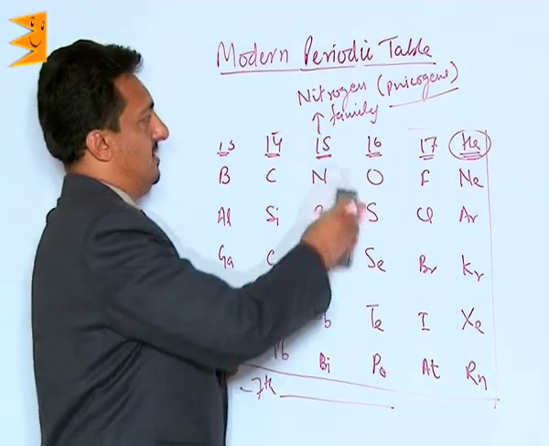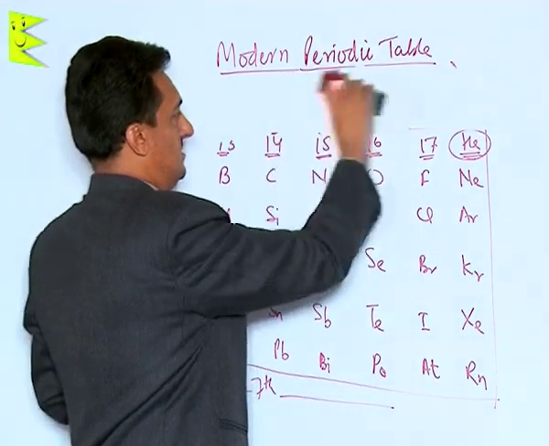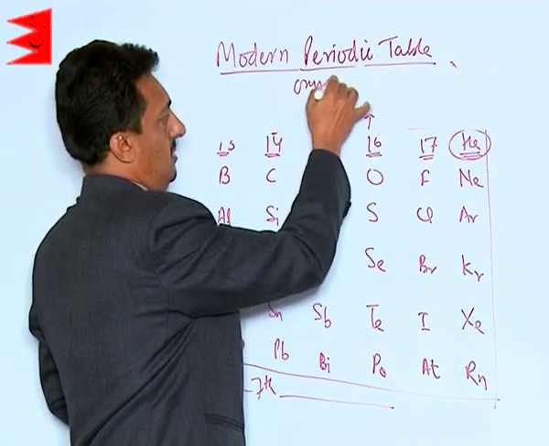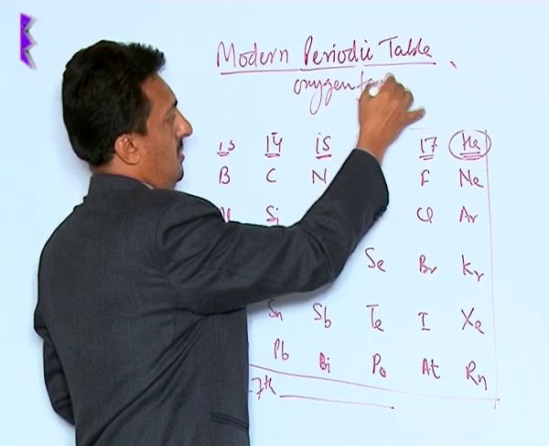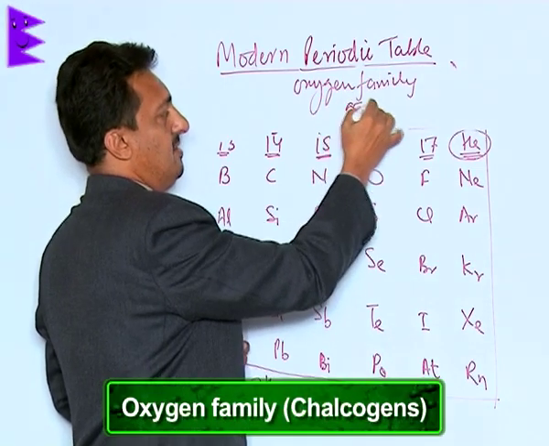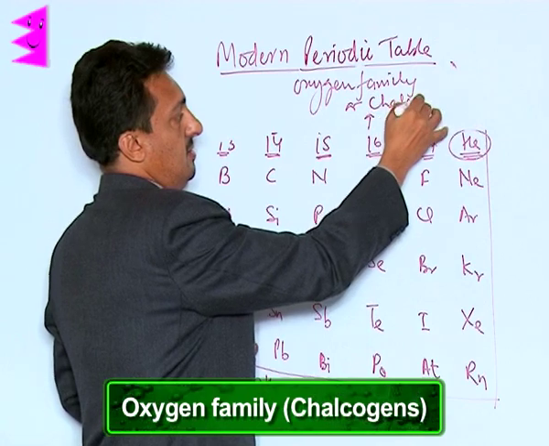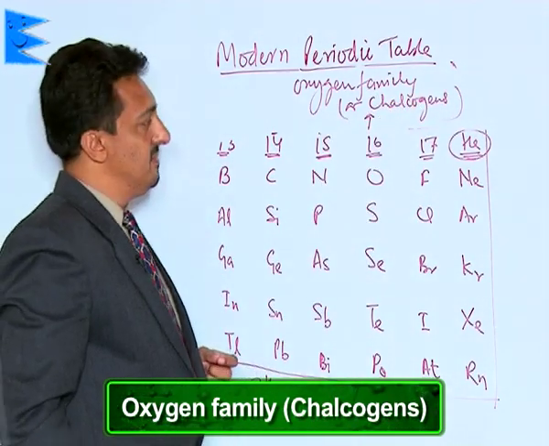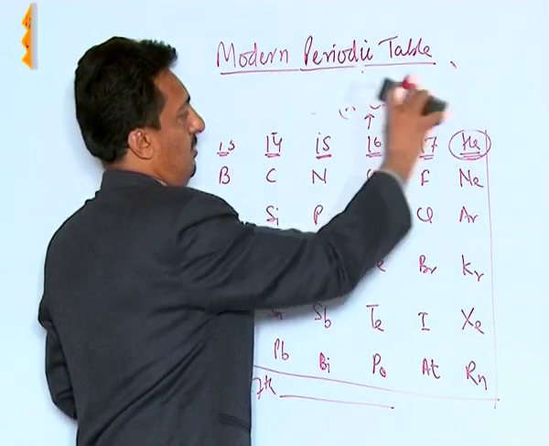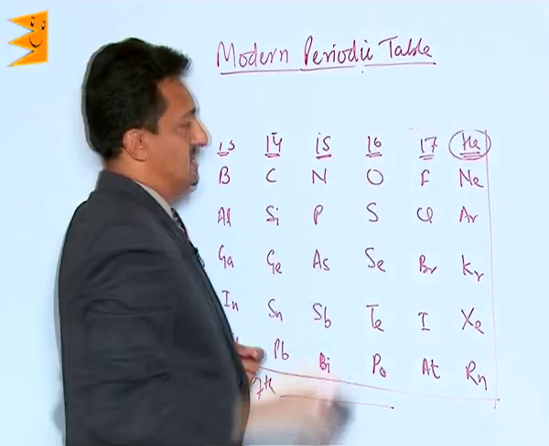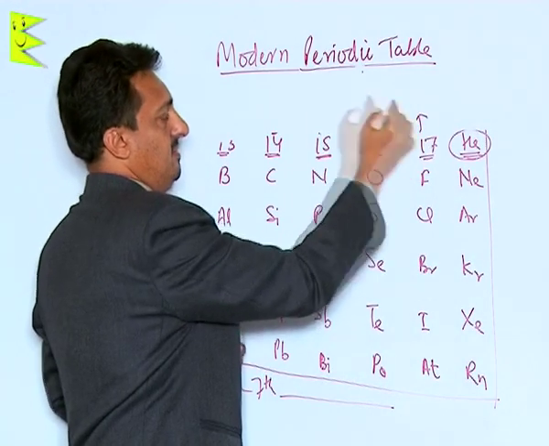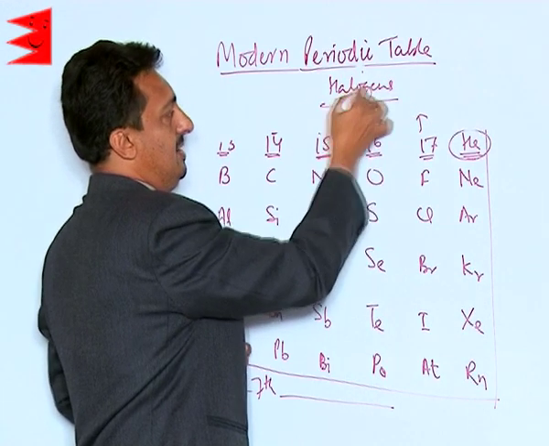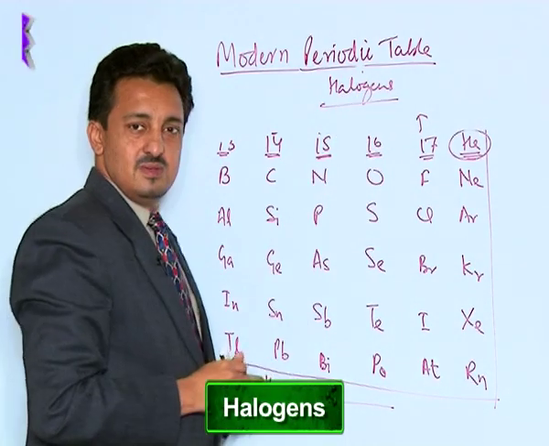Then group 16 elements are called the oxygen family. They are also called chalcogens. And group 17 elements are more commonly called halogens, meaning salt forming.